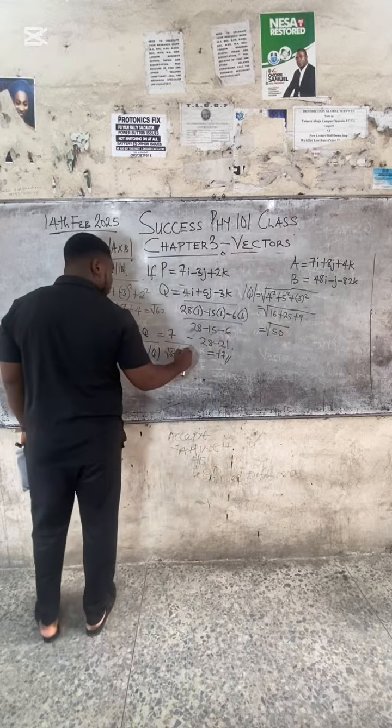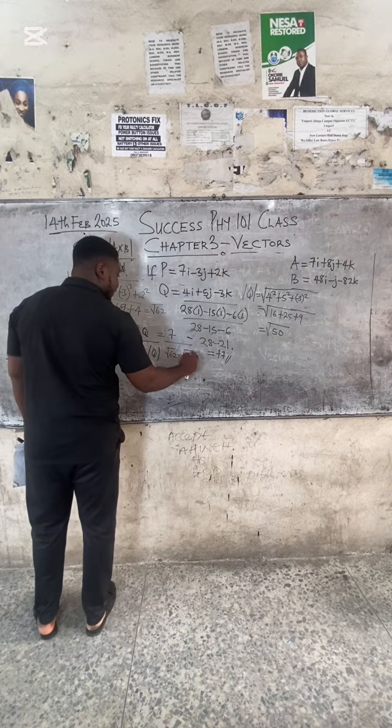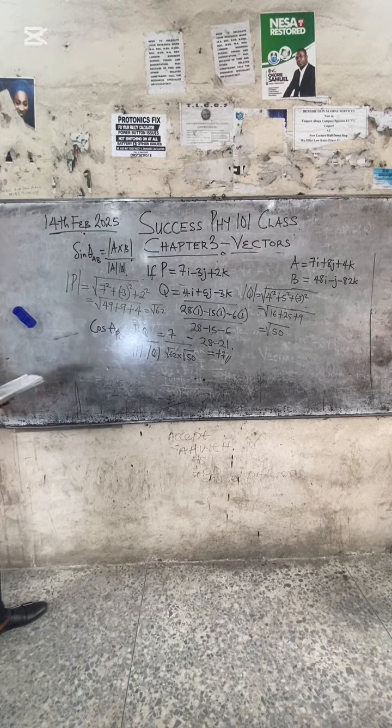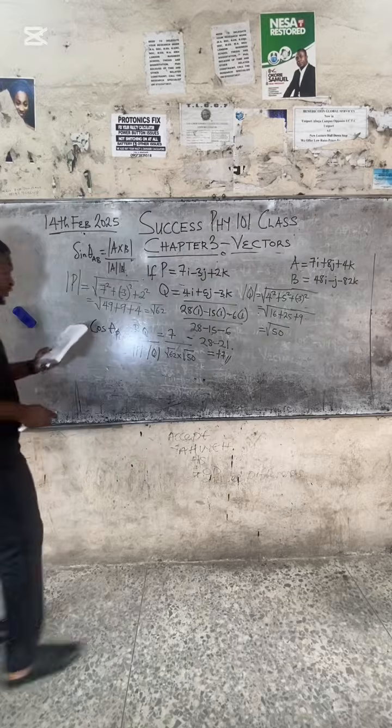So we have root 62 times root 50, class. 7 all over root 62 times root 50. Root 62 is 7.9.